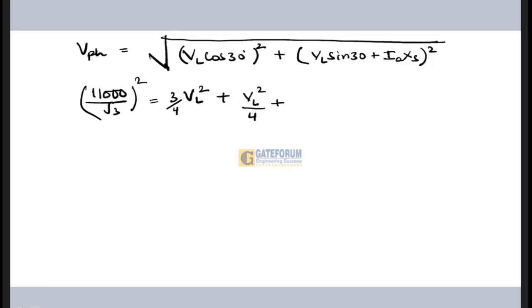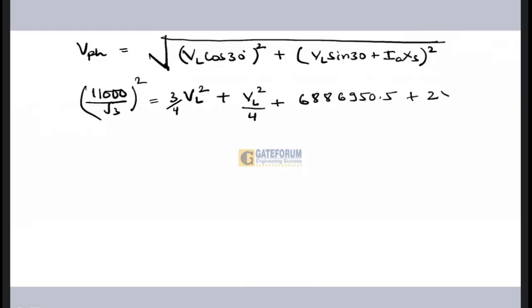Then IA into XS: IA is known to you, I rated you have already got. So 524 into 86 into this XS, that is 5. If you do it and square it, you'll get 6886950.5.